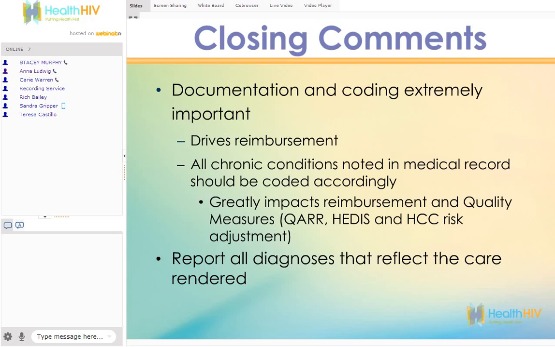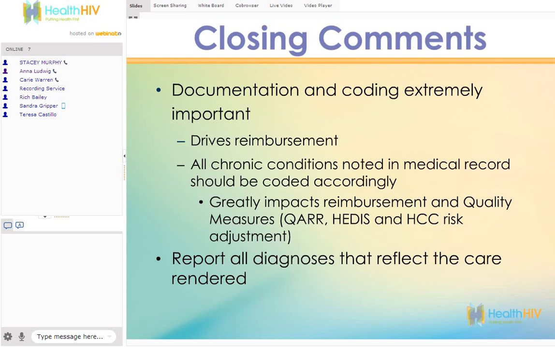But if they have other chronic conditions, you want to address those as well, because they greatly impact the reimbursement that you're going to receive for the quality measures that are being tracked by the government, your state, local, and the federal government. You have QARR, you have HEDIS. If you have a Medicare population, they're looking at the HCC risk adjustment. So you have all of these different quality measures that are being tracked at every level of the government.